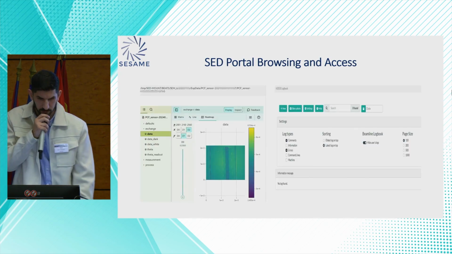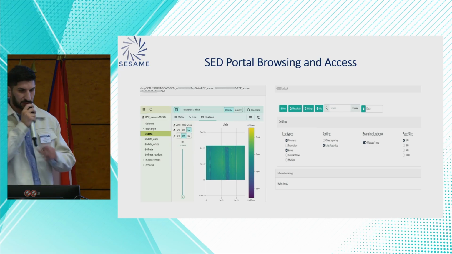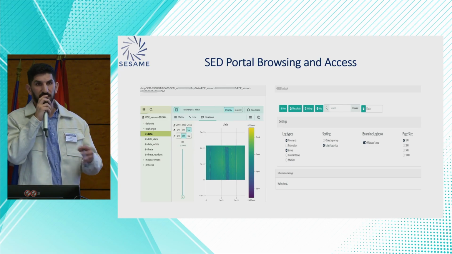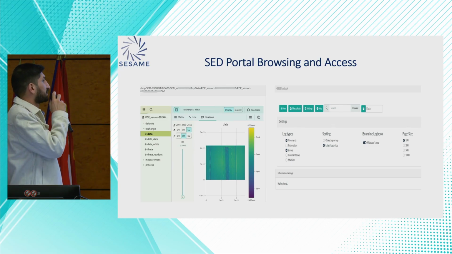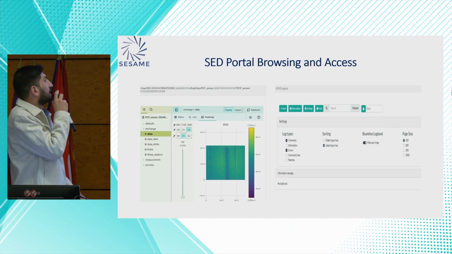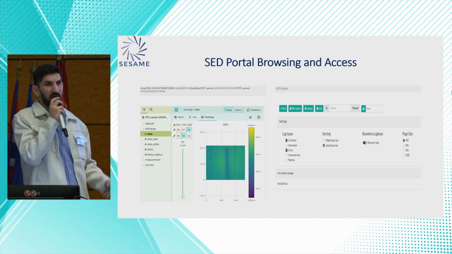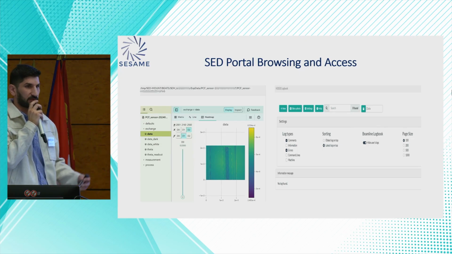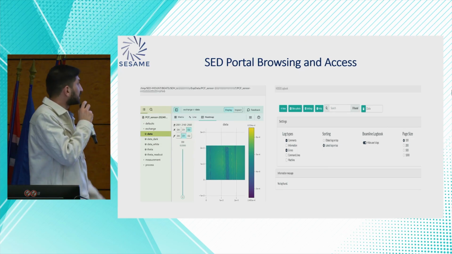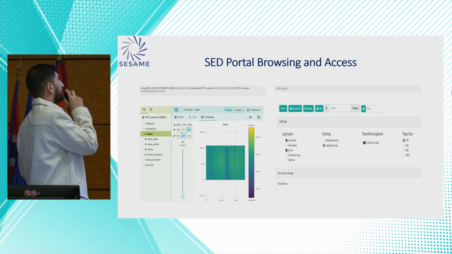Okay. Now, I'm going to talk about the features in the SID, Sesame Experimental Data Portal. We had a collaboration with the people from ESRF. Then we had a chance to take some good features from them. One of them is the HDF5 file viewer.